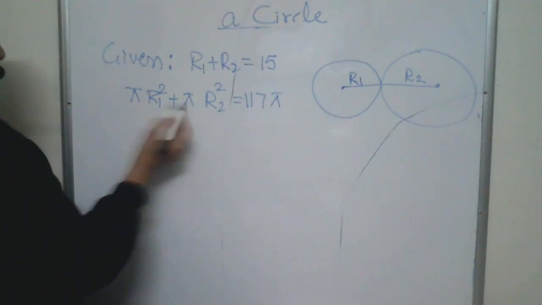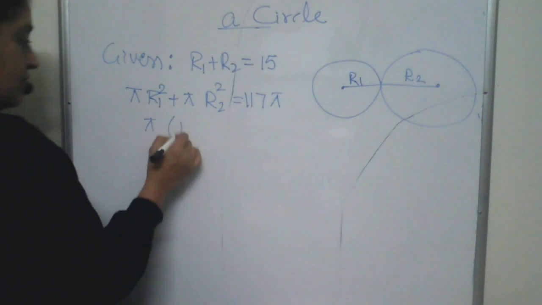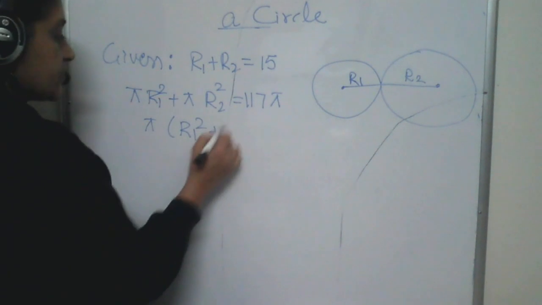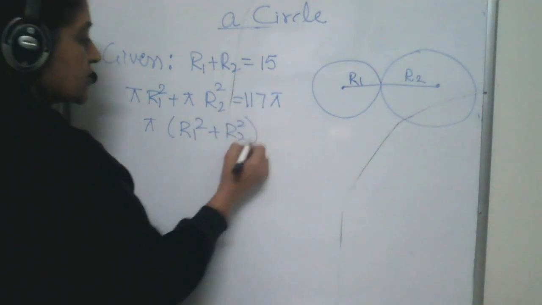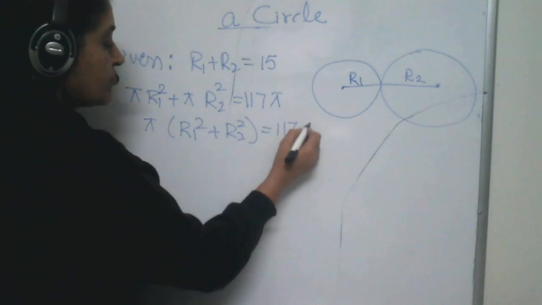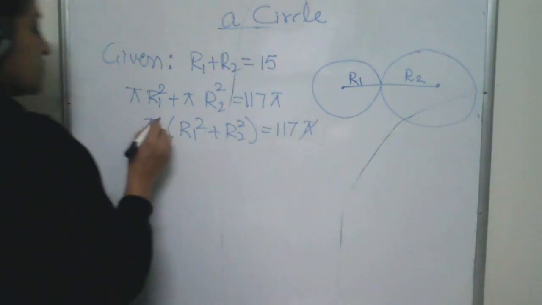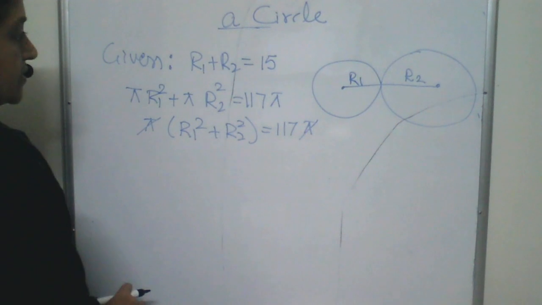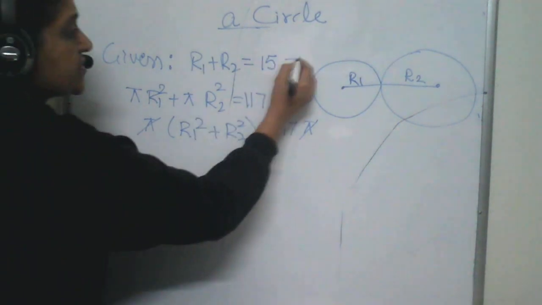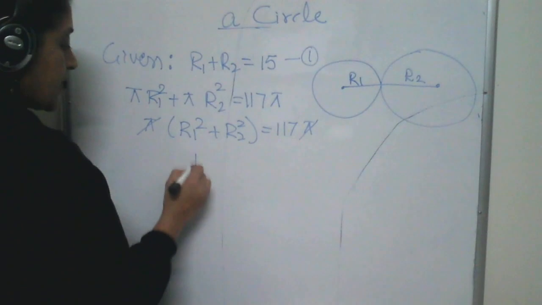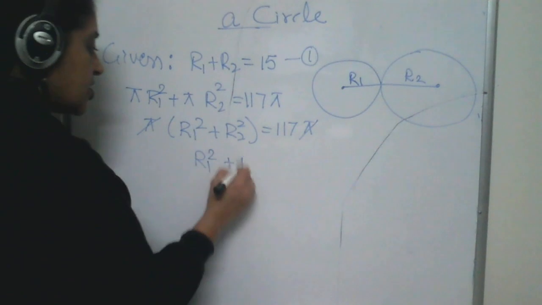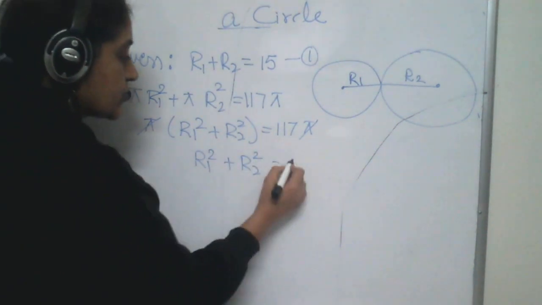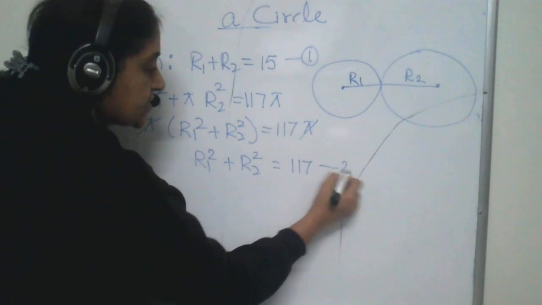Now pi can be taken as common, and since pi is on both sides, we have cancelled it. This can be named as the first result. R1 square plus R2 square is equal to 117. This can be the second result.